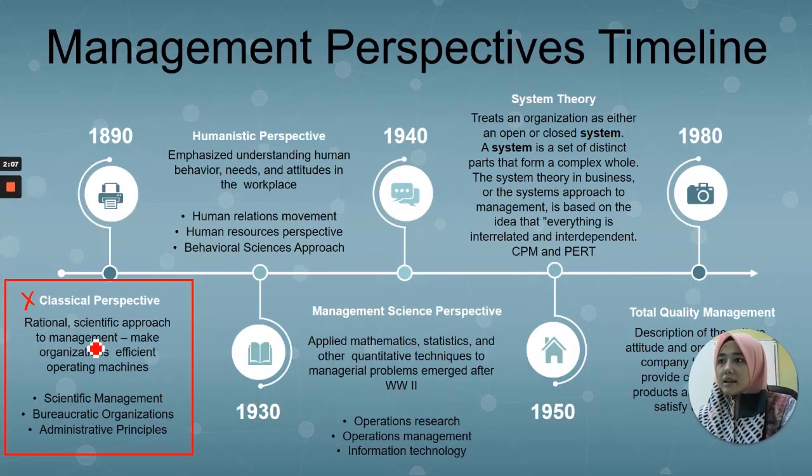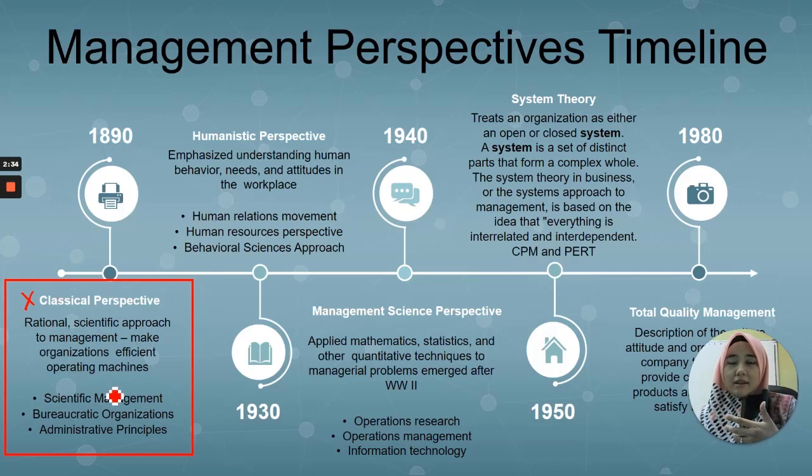Okay, what is the classical perspective in management dalam pengurusan? Which is they are more rational and using a scientific approach to management, which is they make organisation an efficient operating machine. So pada waktu ini adalah revolusi industri 1.0, di mana mereka ini banyak bekerja dalam bidang industri.